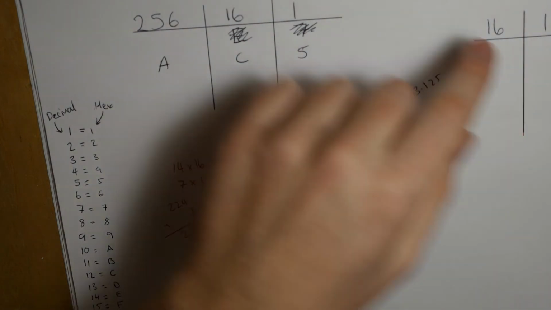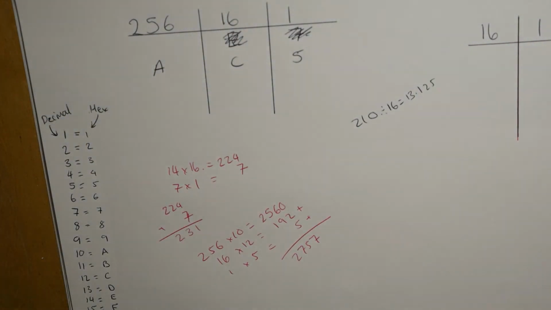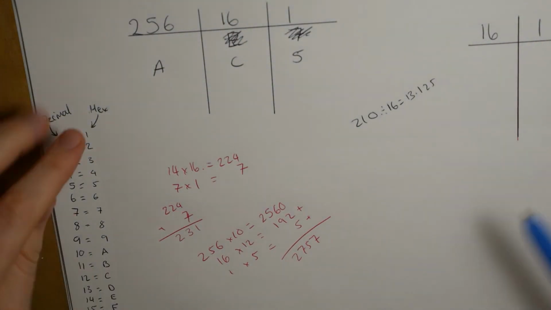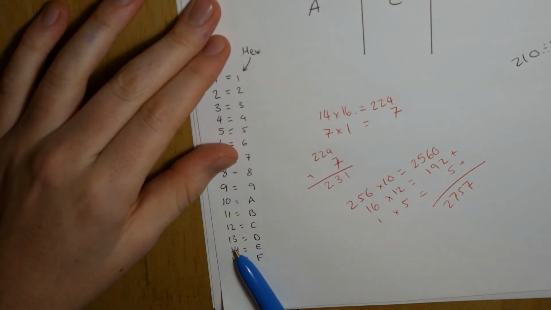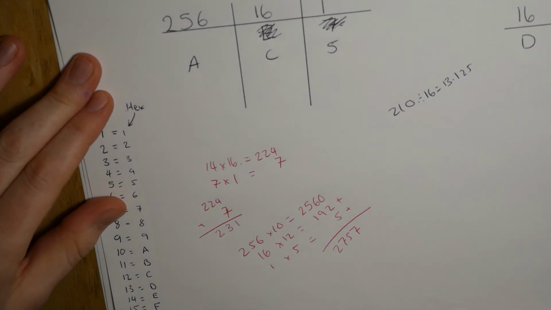So what we do is we write the whole number here, so the 13's in this bit, but remember 13 is not 13 in hexadecimal, we use our little conversion over here, so 13 is D, so we can pop D in that column.